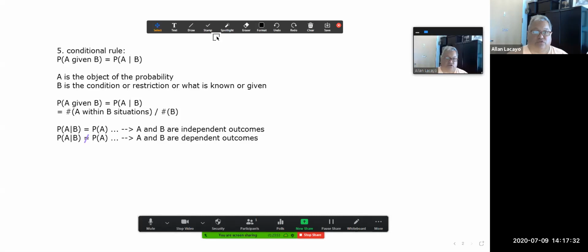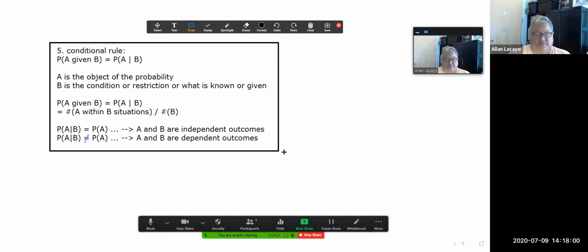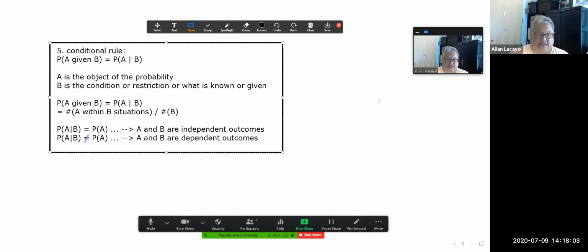So the conditional rule of probability serves a very, very important role in uncertainties. It helps us identify when things may or may not be related to one another in an uncertain environment. So when people ask, for example, should we be wearing a mask to prevent the transmission or the infection or the reinfection of COVID-19 as an agent? And the answer would be, well, it depends.